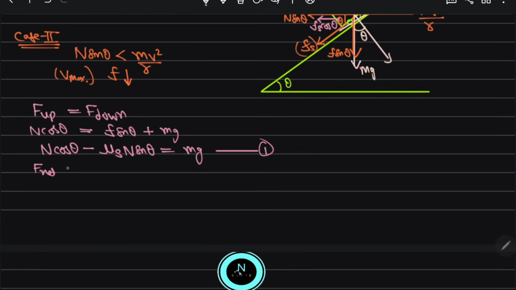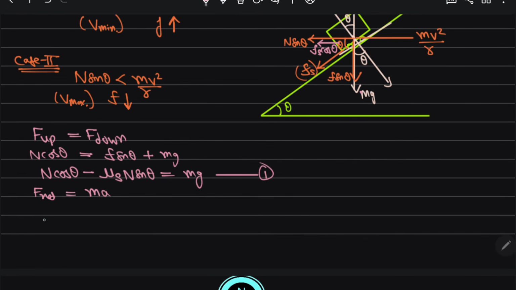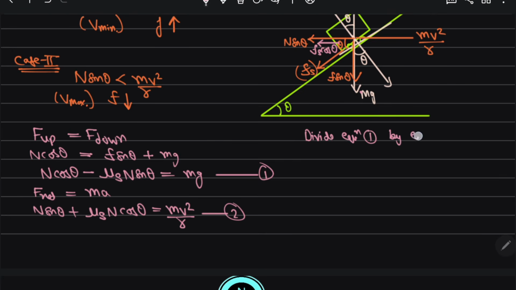Now next equation. F net is equal to mass into acceleration. So here N sin theta plus f, where f I can write as mu s into normal, cos theta, is equal to mv square by r. This is equation second. So divide equation first by equation second.